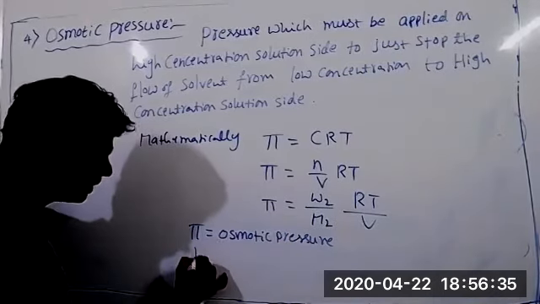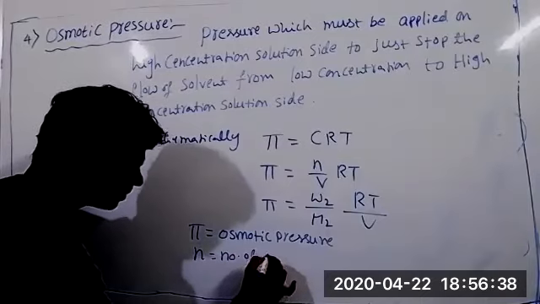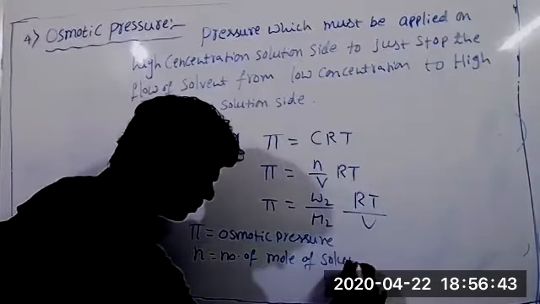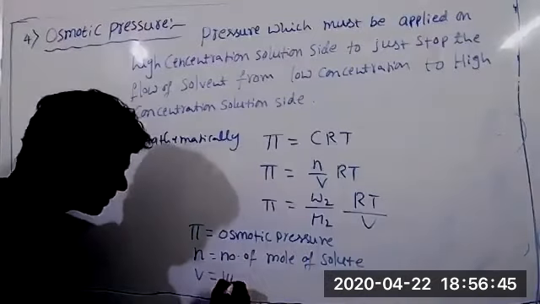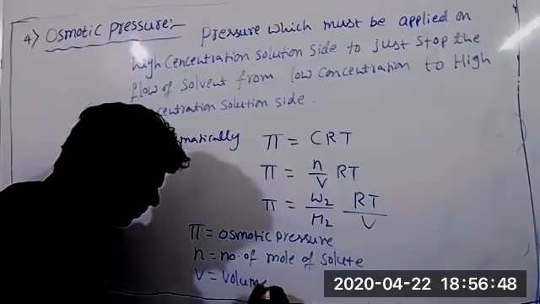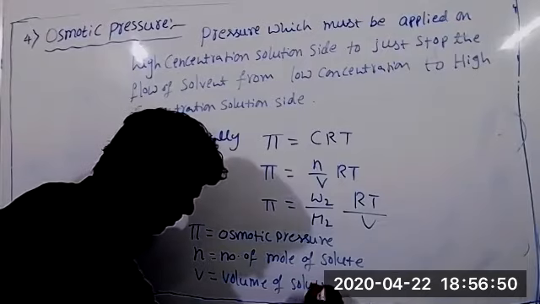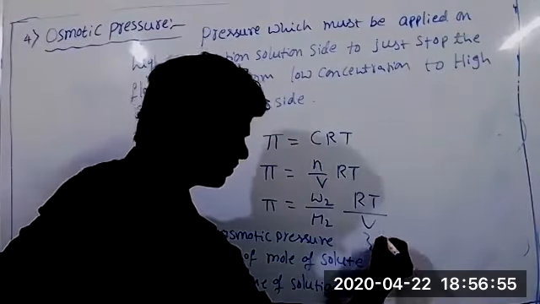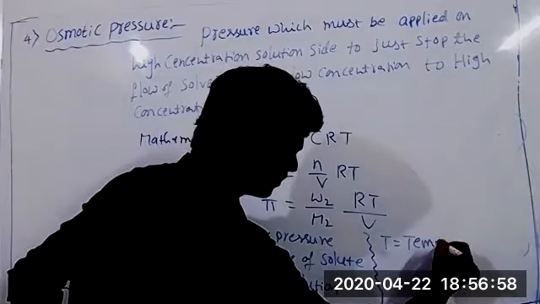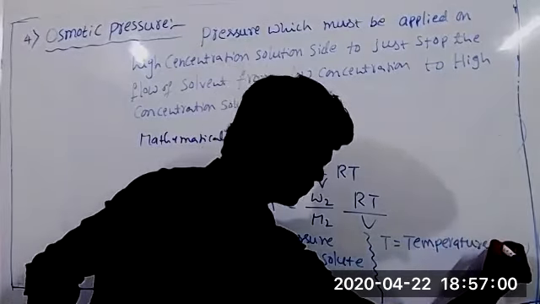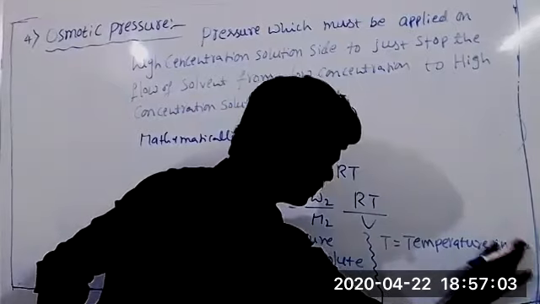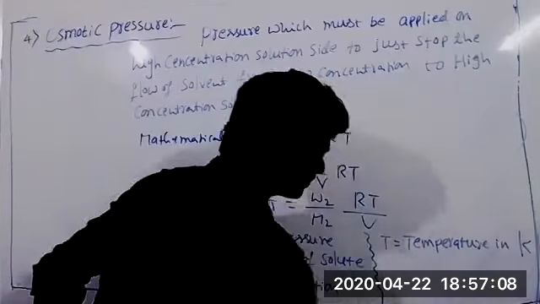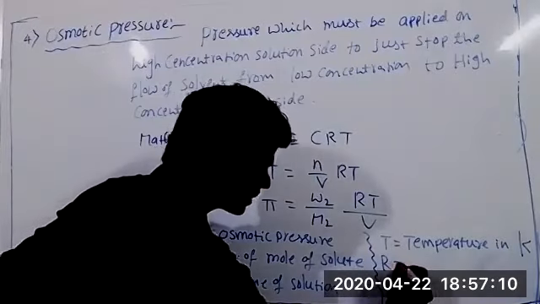Just directly writing, n is equal to number of moles of solute, V is equal to volume of solution, T is equal to temperature in Kelvin, R is equal to gas constant.